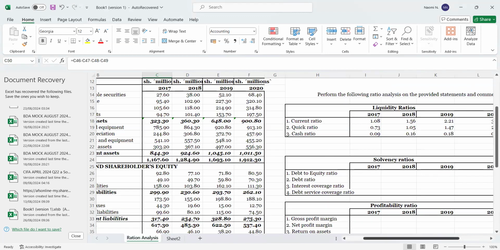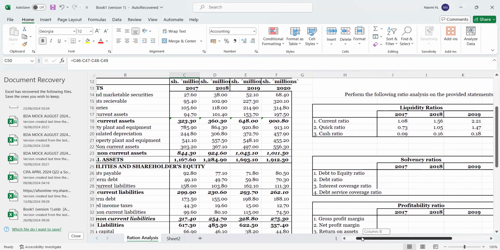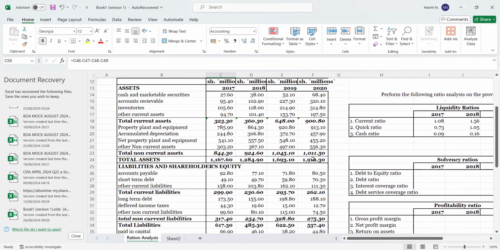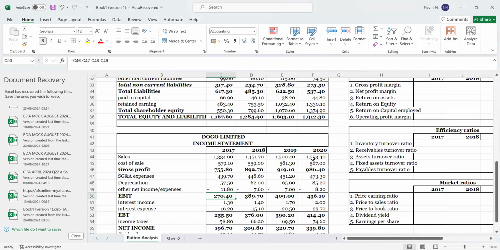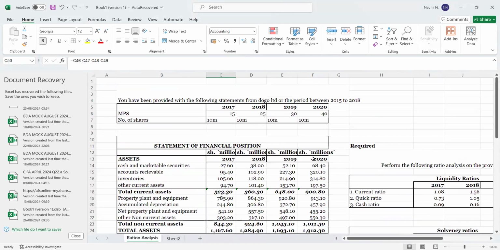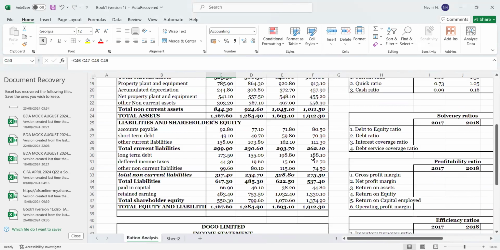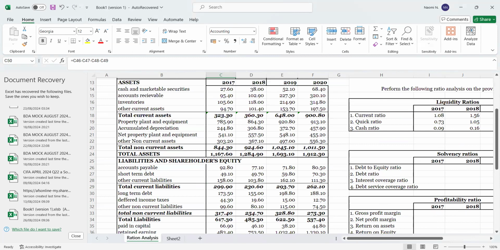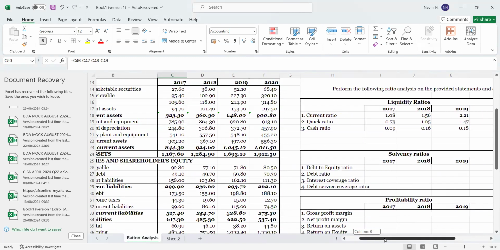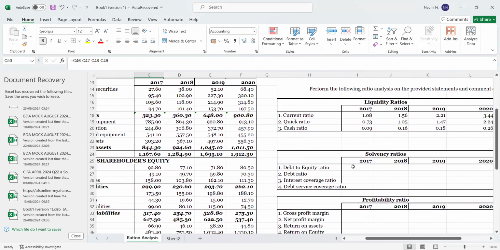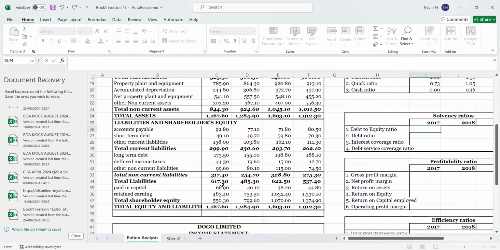So this is just a continuation of what we were doing yesterday, this question that had a balance sheet and the income statement. So on debts to equity ratio, we said debts to equity ratio is equal to total debt. Let's come here.